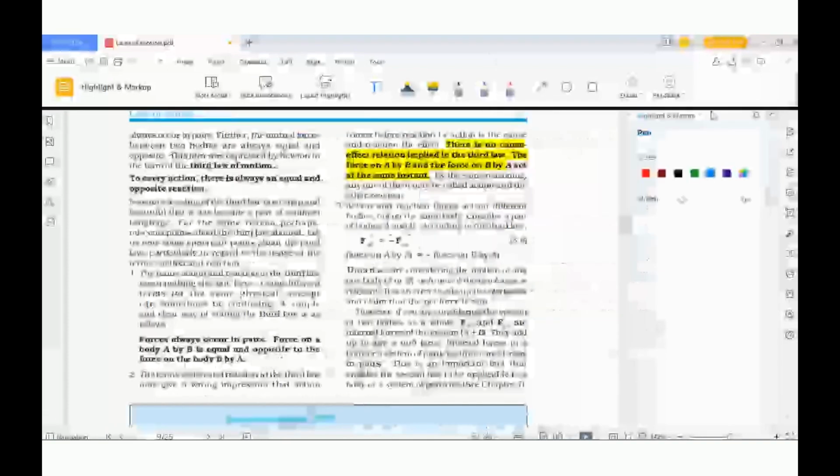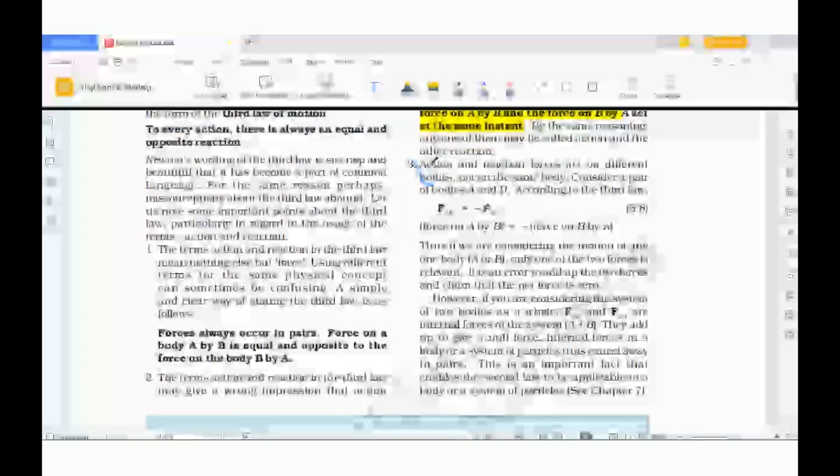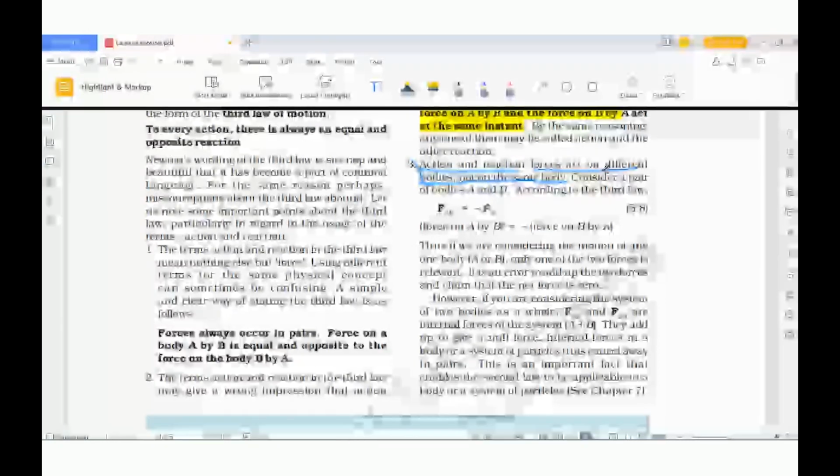And going ahead, we have action and reaction. This is very important. Action and reaction forces act on different bodies, not on the same body. When we do some problems next, this factor is very important.